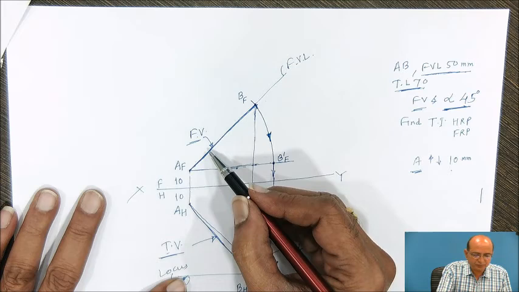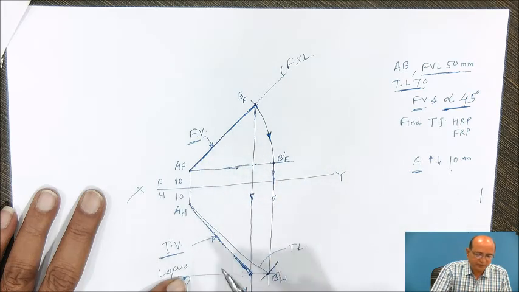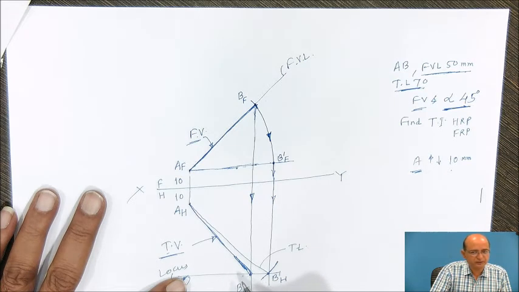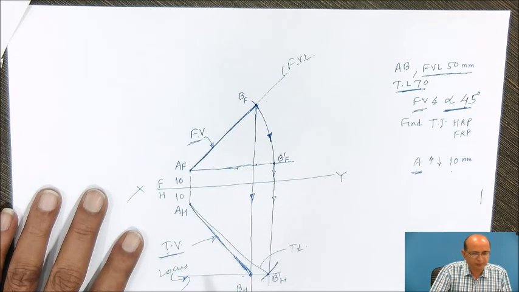Means we have completed the front view of the line, we have completed the top view of the line. So that is the first part of the question, which is completion of the line projection.